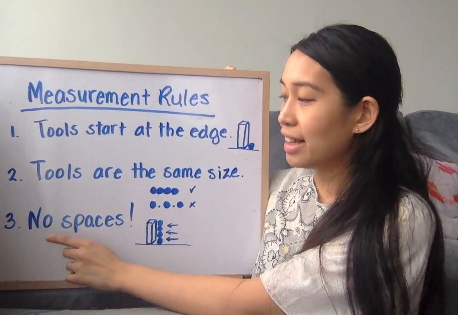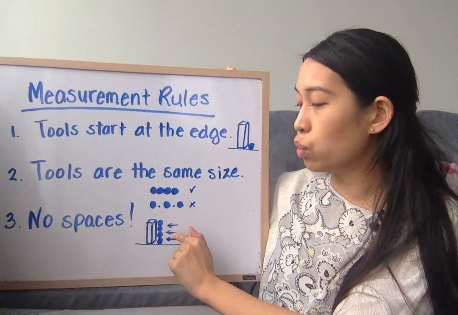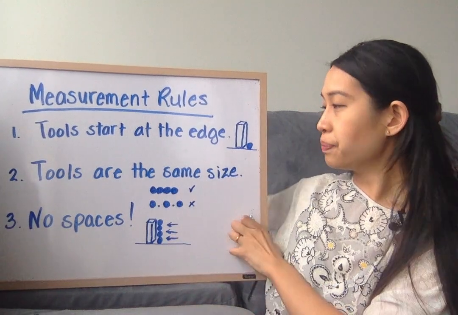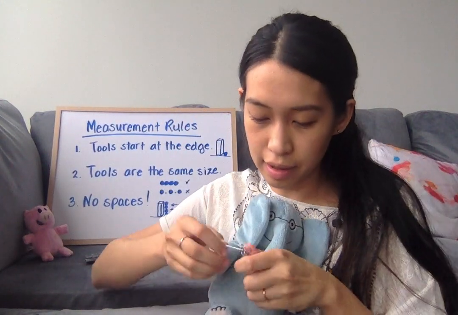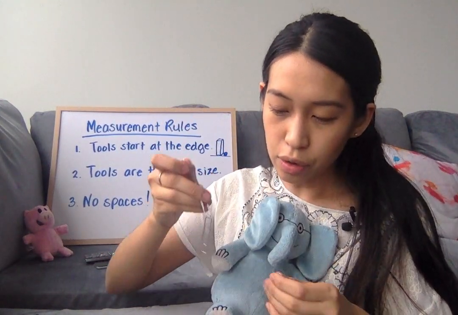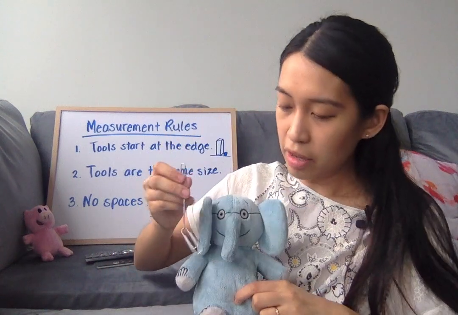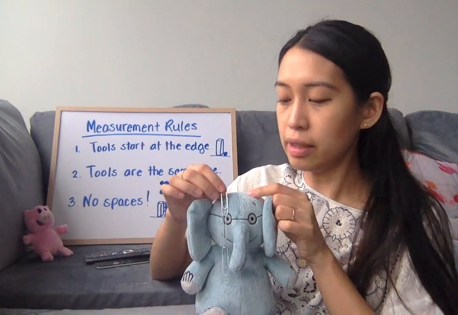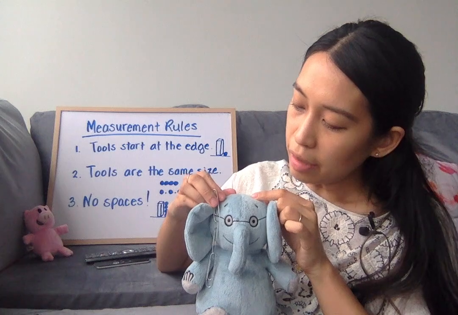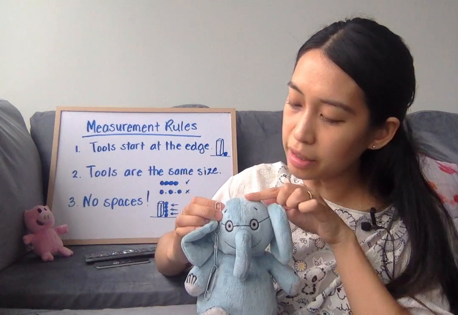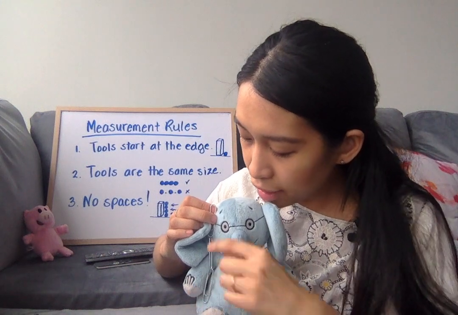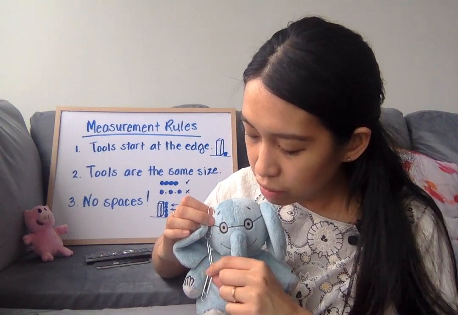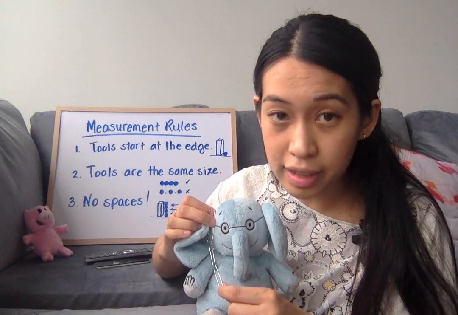Number 3, there's no spaces in between. So let me put this back. When I was measuring elephant, I need to make sure, see, this one came out. If I'm measuring how tall he is, the height, I have to start at the edge, pretend there's an imaginary line above his head, and see how the paper clips are one after the other all together?